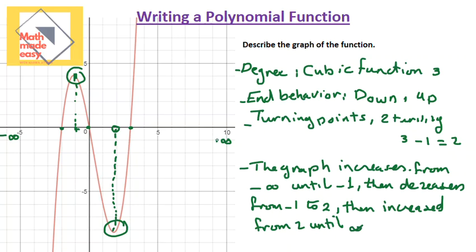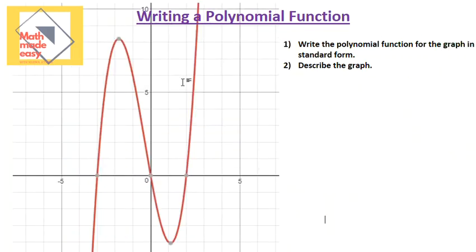So in this part we saw that we can describe the graph starting from its degree to its end behavior, turning points, and we can describe the increasing and decreasing behavior. If you understood this, you can practice describing this graph as well. Now, we are going to write the polynomial function, but for now, let's just describe the graph.